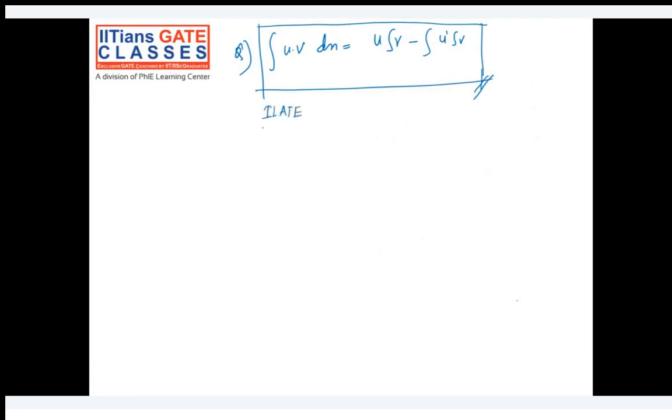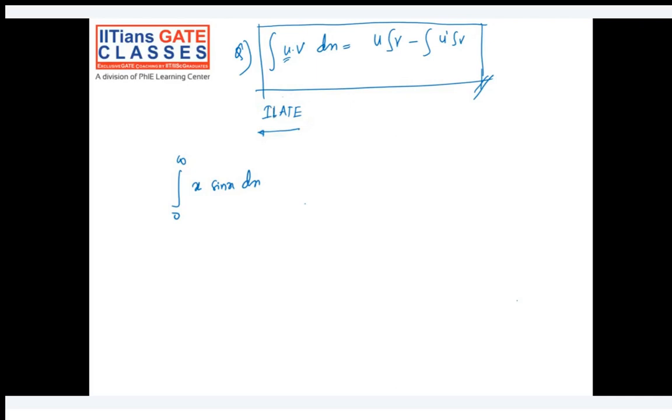Okay, so exponential function will be v. So in this order, you will decide whichever is on the left side. So in the given question, integration 0 to infinity, we have x sin x dx. So we have an algebraic function, and sin x is the trigonometric function. In ILATE, I stands for inverse function, L stands for logarithmic function, A stands for algebraic, T stands for trigonometric, E stands for exponential.